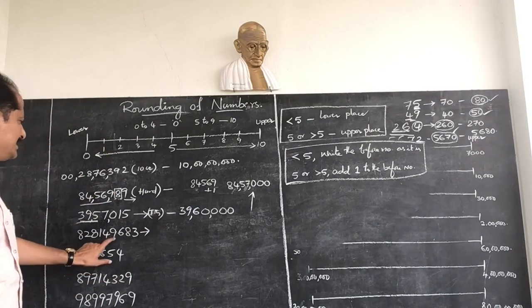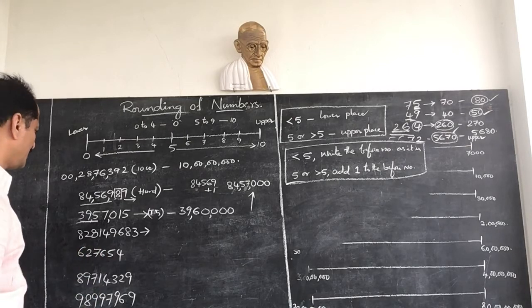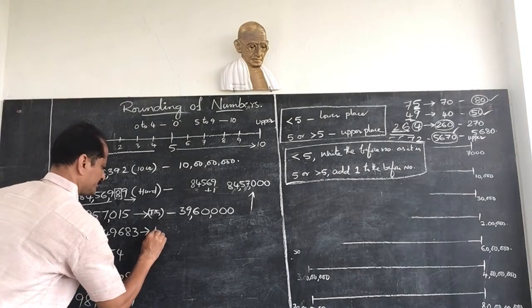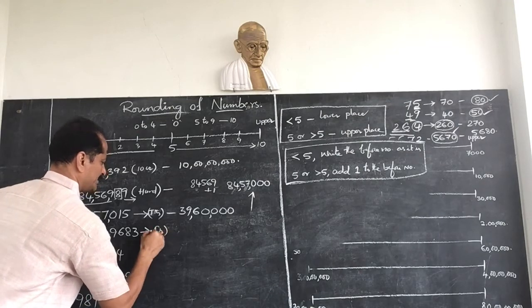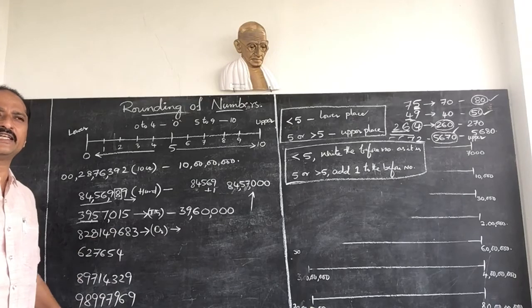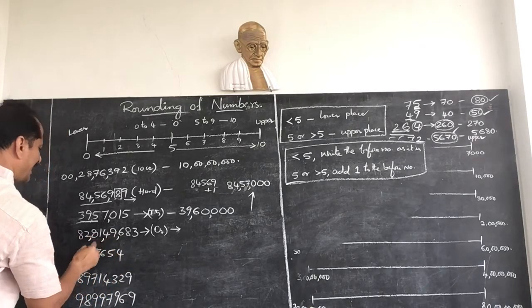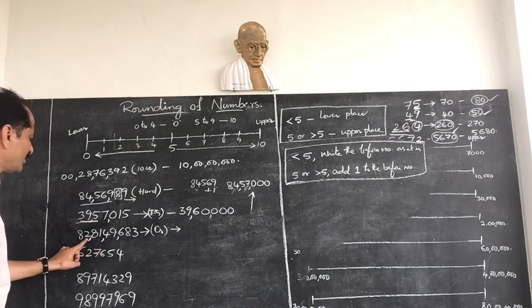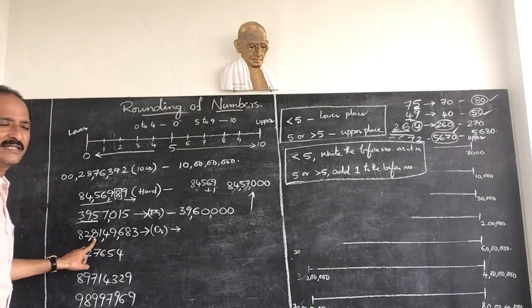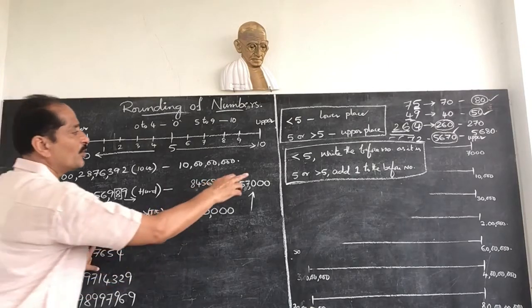Now round off this number to the nearest, for example, 1 crore. So to round off this number to the nearest crores place, we should see next lower than crores place. Units, thousand, lakhs, crores. Next lower than 1 crore is 10,000 place. Digit in 10,000 place is 8. 8 is more than 5.